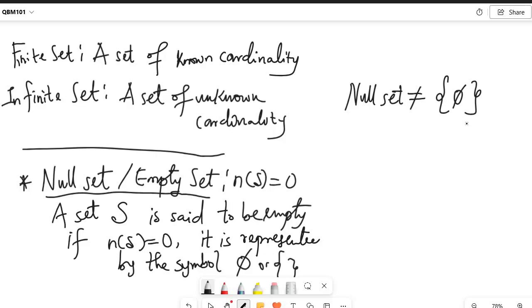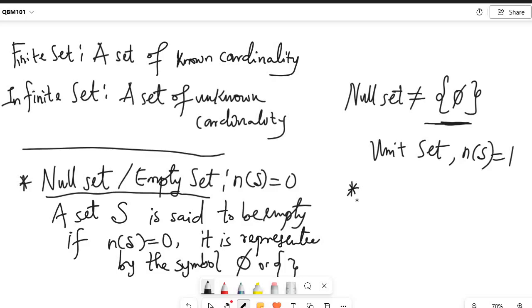If you write the curly bracket and then put phi in it, this is actually a unit set. What does a unit set mean? A unit set is simply a set that has a cardinality of 1. That is, you just have one element in the set. This is no longer null. So for it to be null, you either just use the symbol phi, or you write a curly bracket with nothing inside. I hope we are learning.